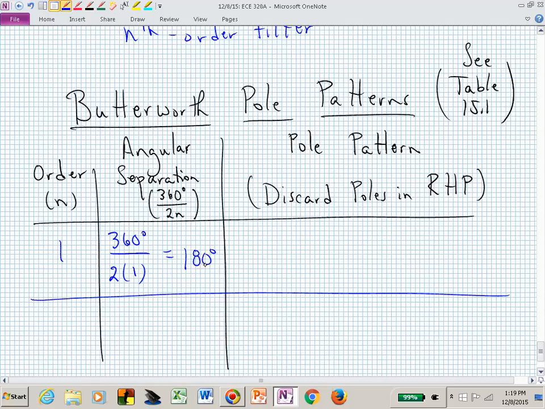If I have my circle, and I have 2 poles now, and they're separated by 180 degrees, and I want half of those in the left half plane and half in the right half plane, where are my poles going to be located? This is my S-plane plot.